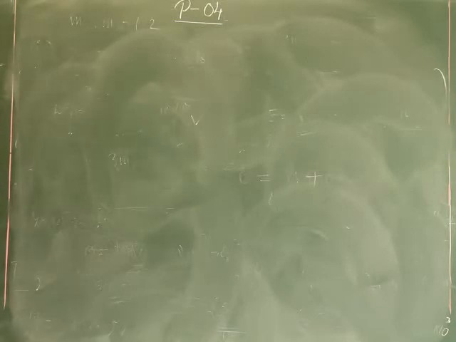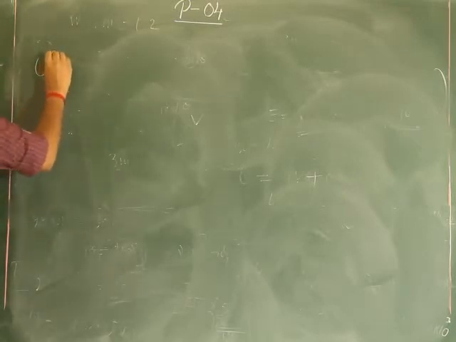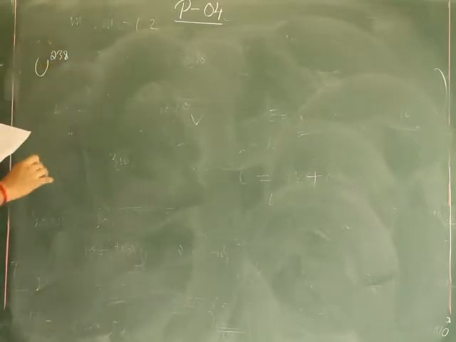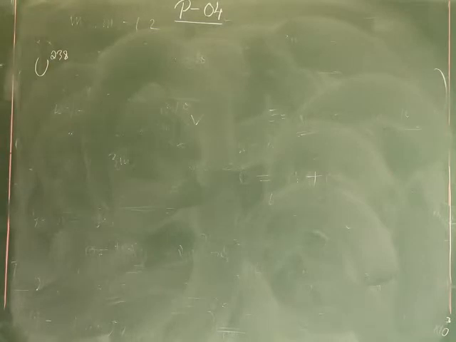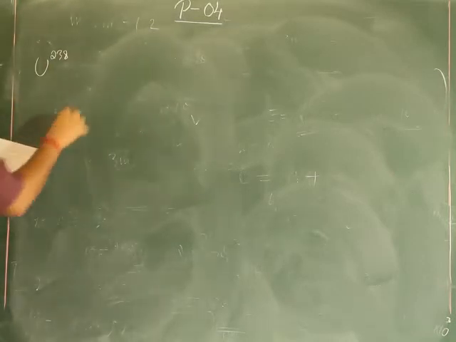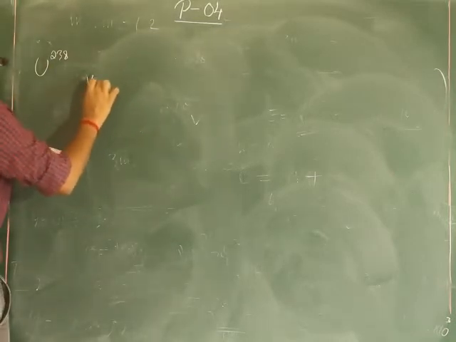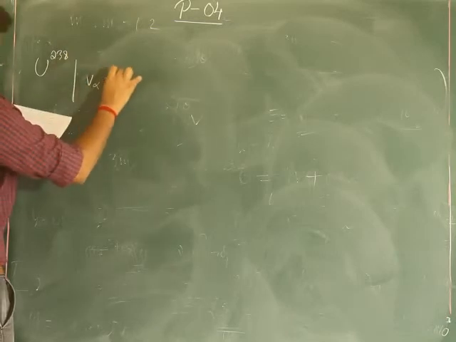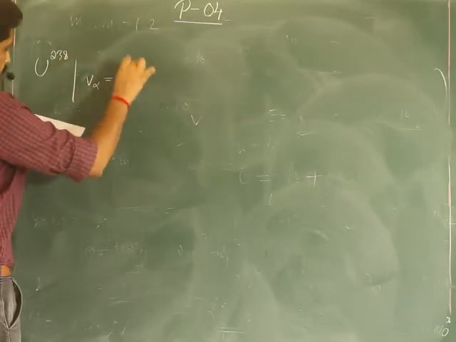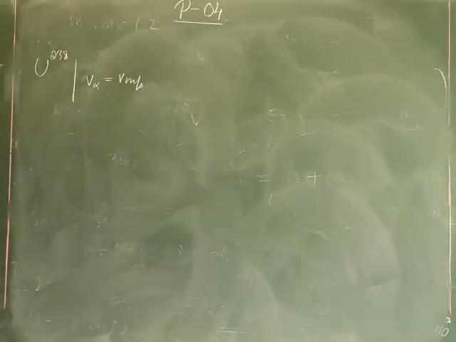Question number 23: a uranium-238 nucleus decays by emitting an alpha particle of speed V alpha, I will take it as V meter per second. What is the recoil speed of the residual nucleus?